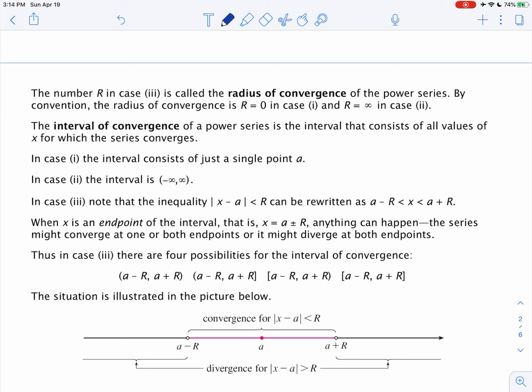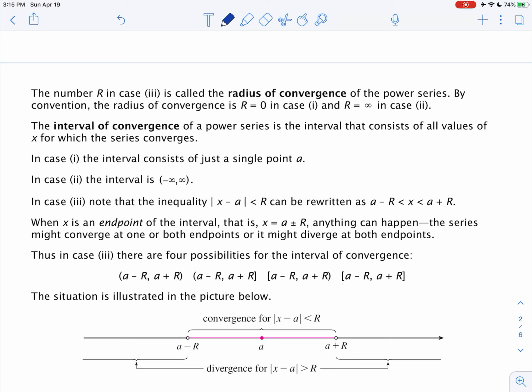In general, to find our radius of convergence, we usually use the ratio test or the root test and force convergence for our power series. So if we look at our ratio test, what does it mean for a series to converge? If we use our ratio test, that means the limit of a sub n plus 1 over a sub n will go to a limit that is less than 1.